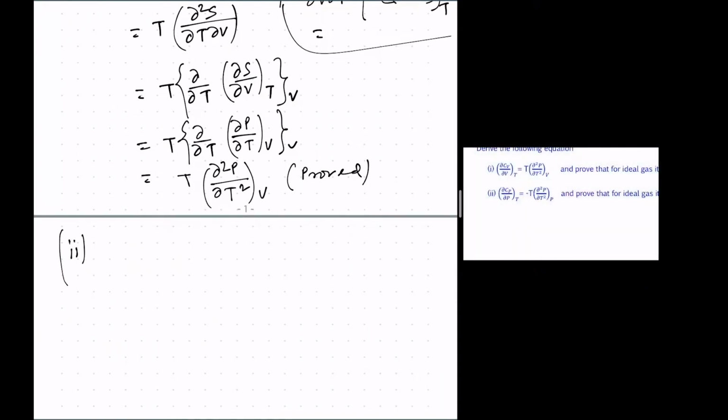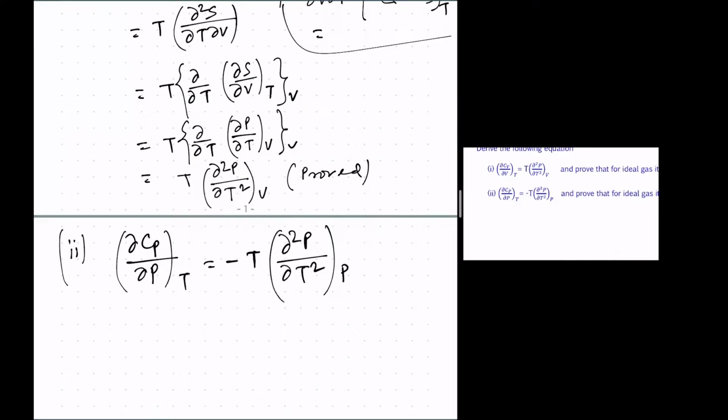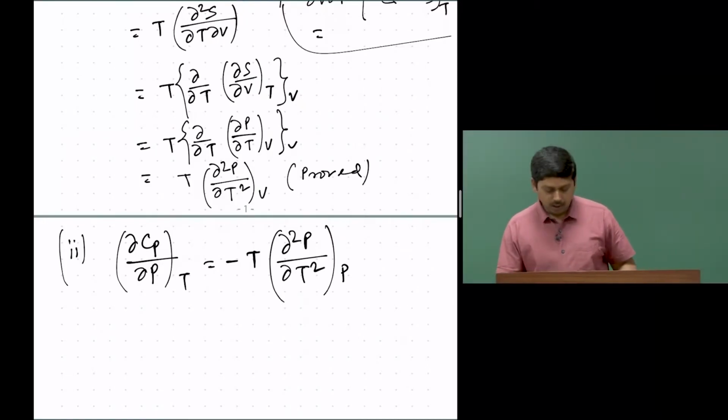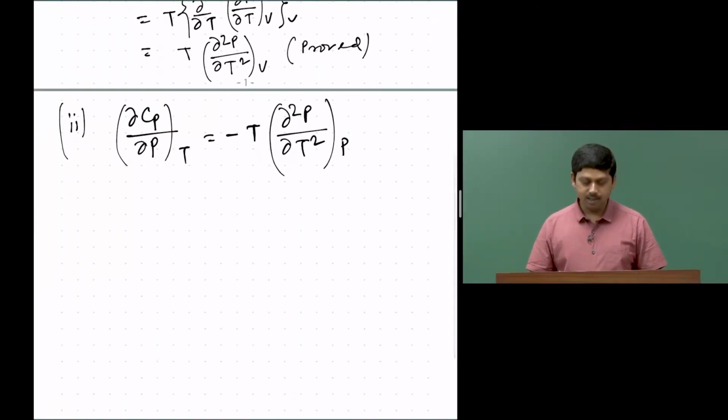We have to show that ∂Cp/∂P at a constant T is minus T ∂²V/∂T² at a constant P. So again I think it is very similar to the problem above.